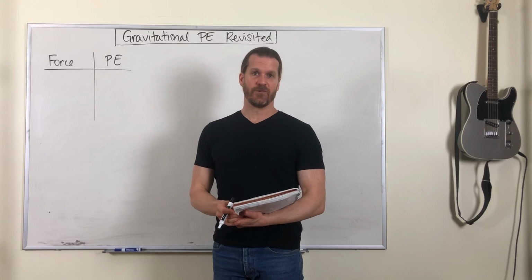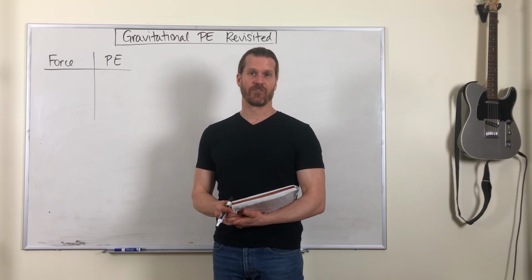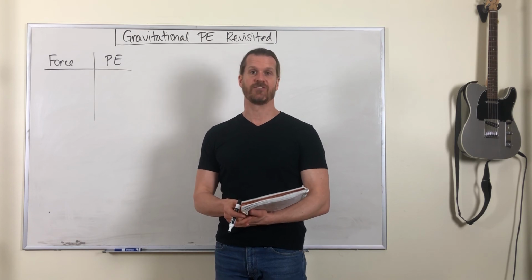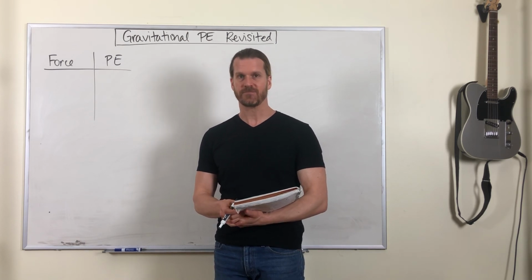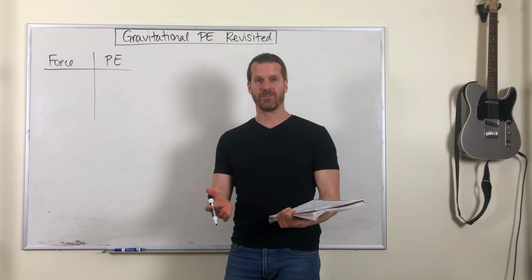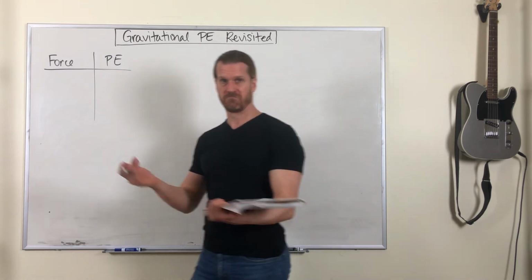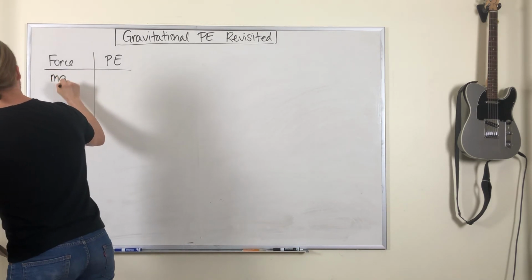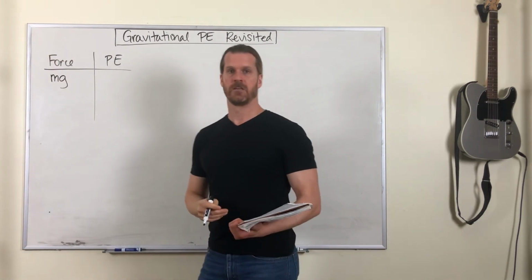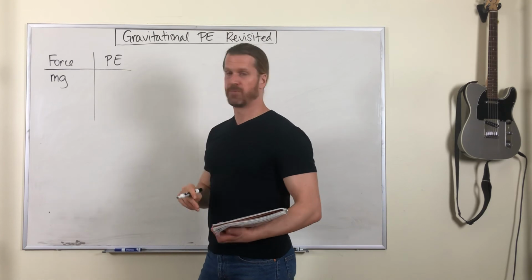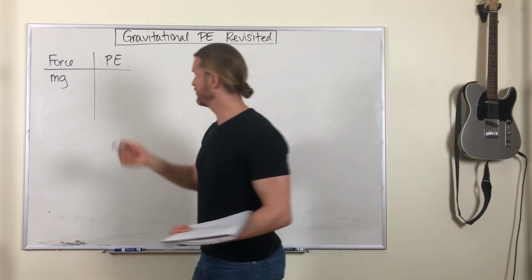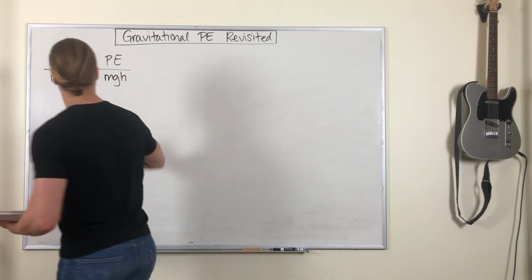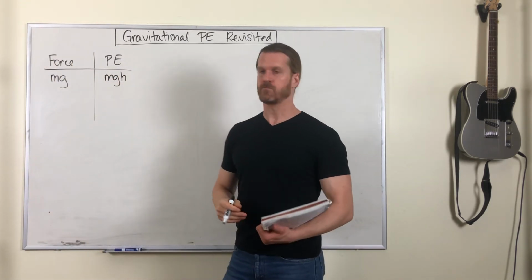Now that we've learned the full expression for the gravitational force, let's learn the corresponding full expression for the gravitational potential energy. So our simple expression for force that we were using was force equals mg, and our simple gravitational potential energy expression was mg times the height above the ground.